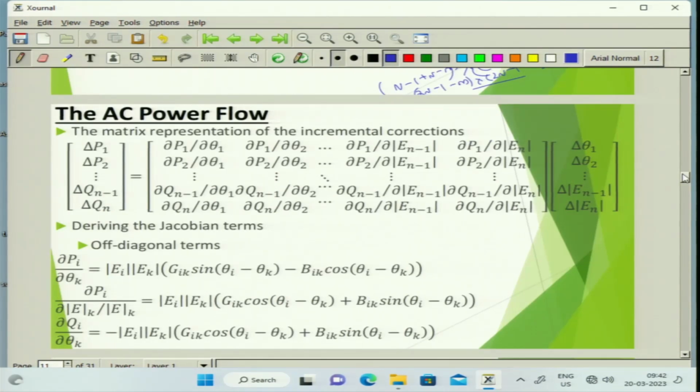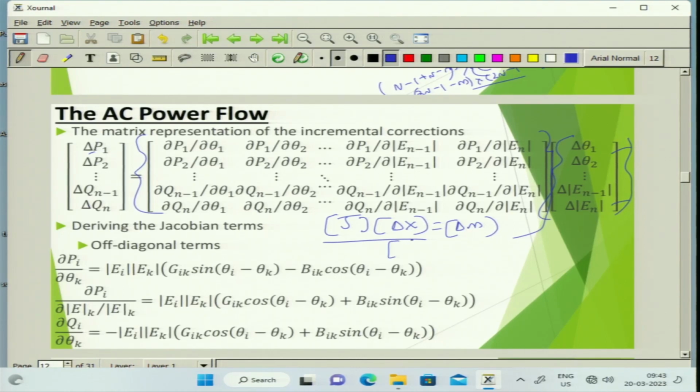This is what we have expressed here. So ultimately you get J into delta x, this is Jacobian, this entire thing is Jacobian. Let us denote this as x, x is state variables, theta and voltages, right. So what is the size of this matrix, can somebody tell? This is equal to delta m, m is calculated, that is the specified minus calculated error, that is delta p, and delta q will be there.